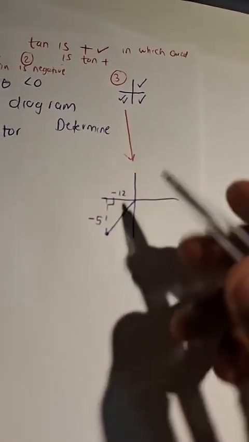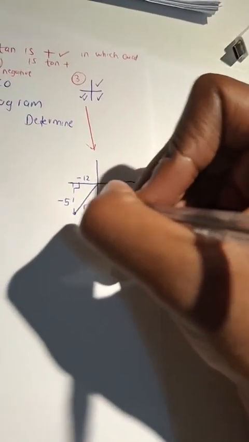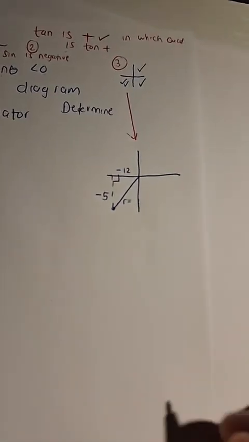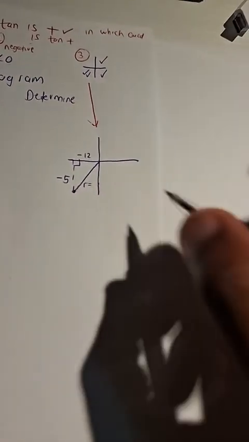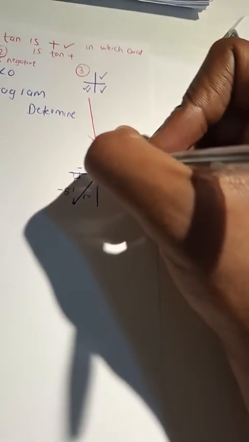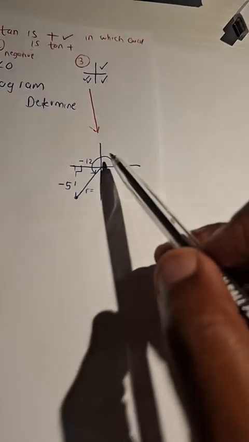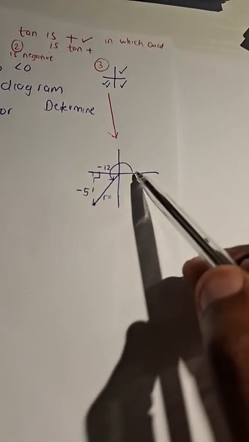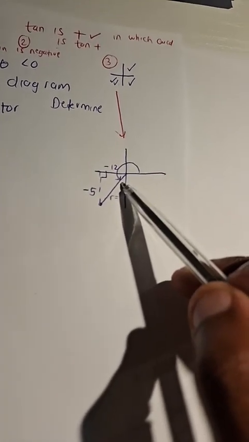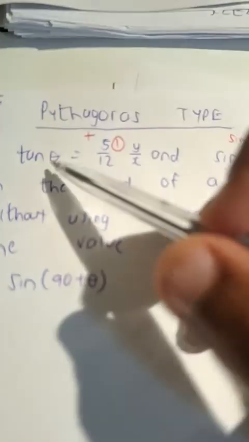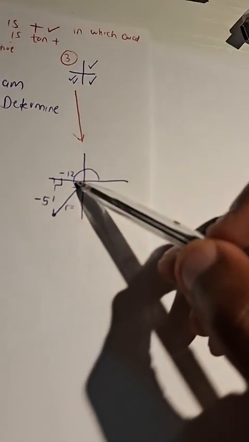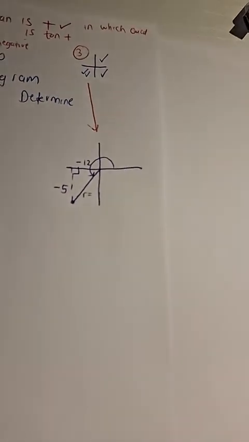Now we need to find our value of r, the hypotenuse. So we use Pythagoras. Remember that this is our standard angle from here to there, this quadrant. But remember, guys, that theta is the reference angle. It is the acute angle located within the triangle itself.